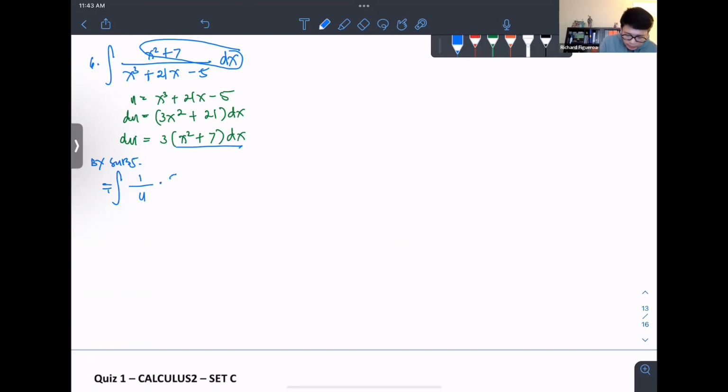So therefore, we multiply this one by du all over 3. Or simply 1/3 the integral of du over u. And this is 1/3, so du over u is ln u plus c. Or just simply 1/3 ln of x cubed plus 21x minus 5 plus c.